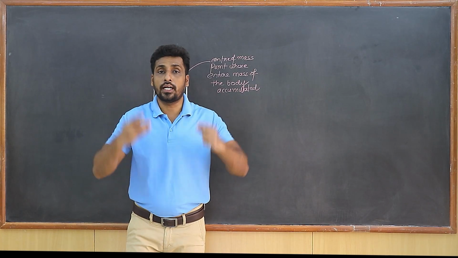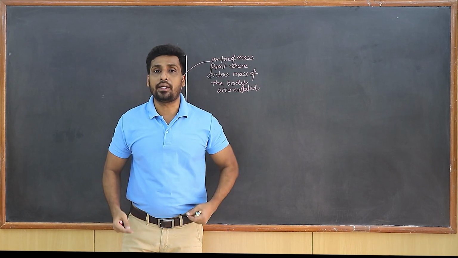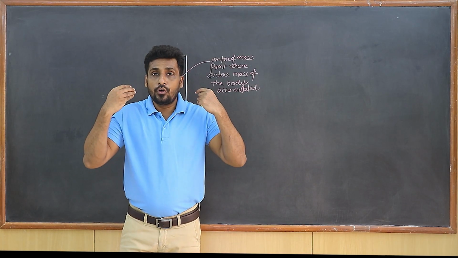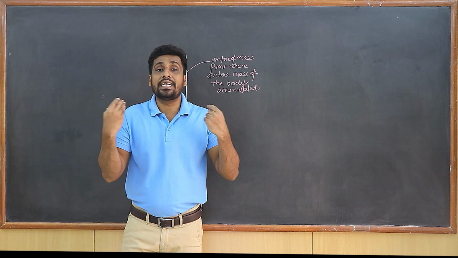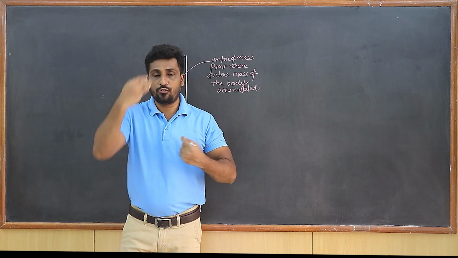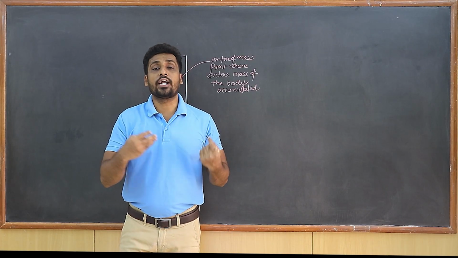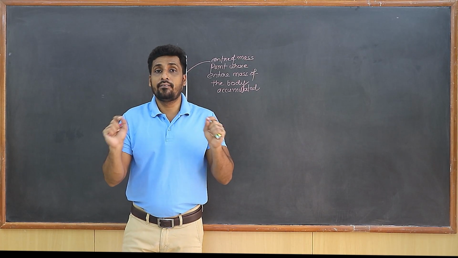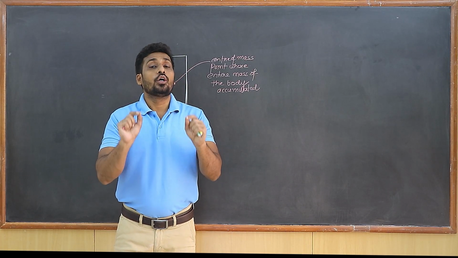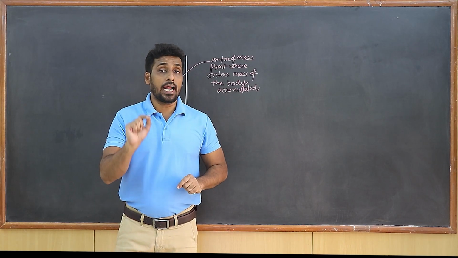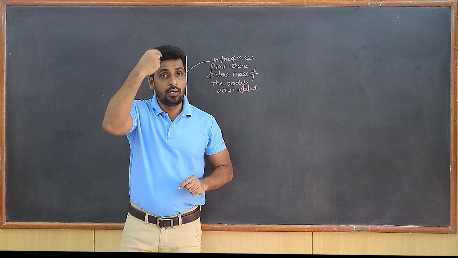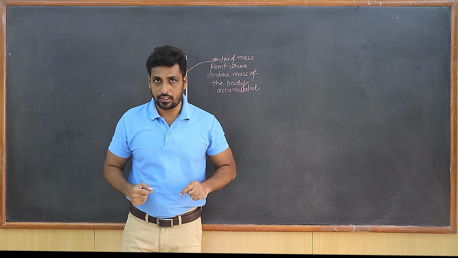Students, you can observe that the human body is symmetric, isn't it? If you take the human body, it will get divided into two equal parts. If you take a line of symmetry, you will find that on the left and on the right, the body is divided symmetrically. So you can be rest assured that the center of gravity will be lying somewhere on the line of symmetry, isn't it?